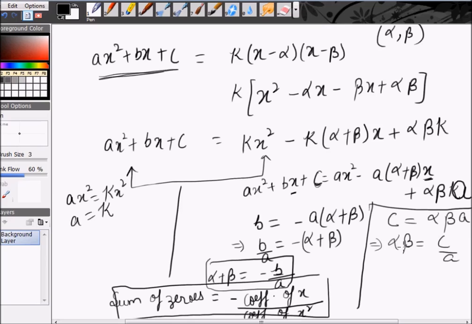Now alpha and beta means product of zeros, which is equal to c, the constant term of the given polynomial, over a, the coefficient of x square.